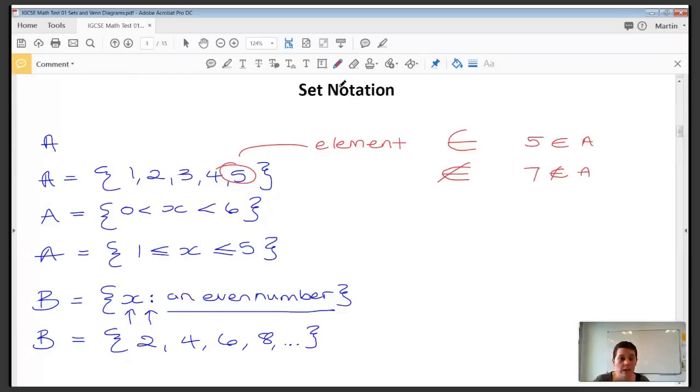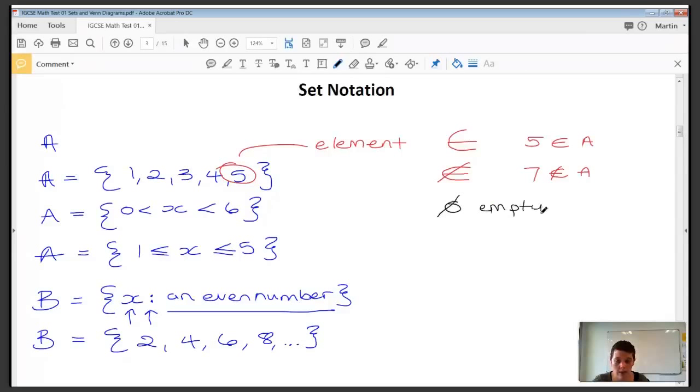Then we have a special one, and that is the empty set. Now the empty set is nothing at all. But remember, 0 is a number and O is a letter. So we can't use either of those. So we have a special letter which looks like a little O and is crossed out.